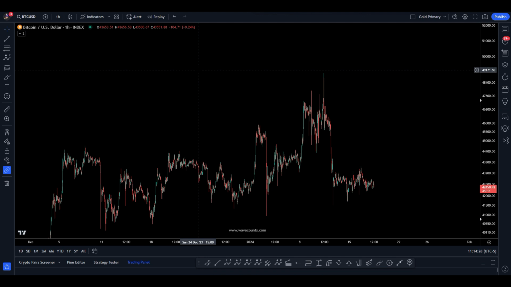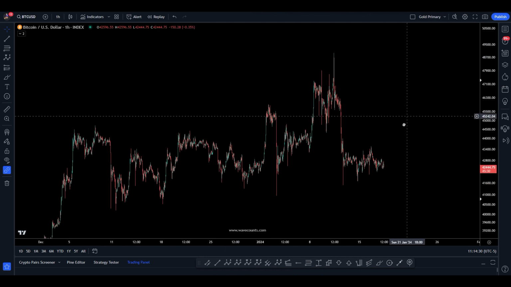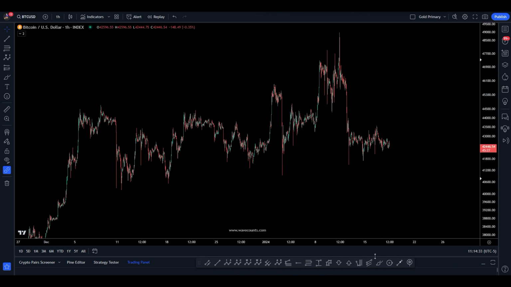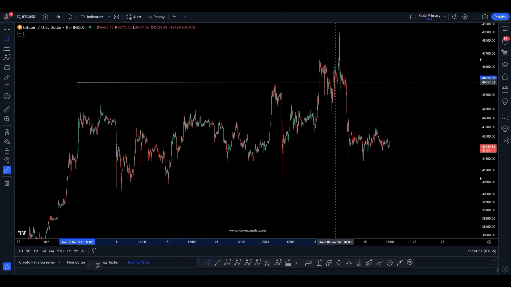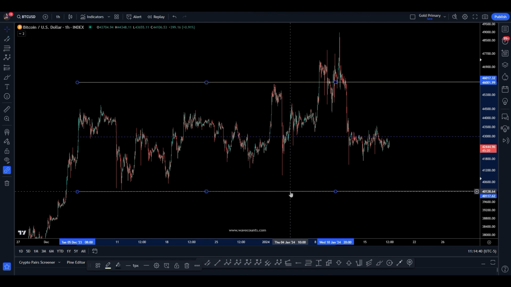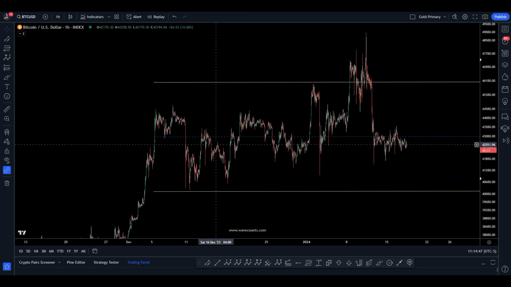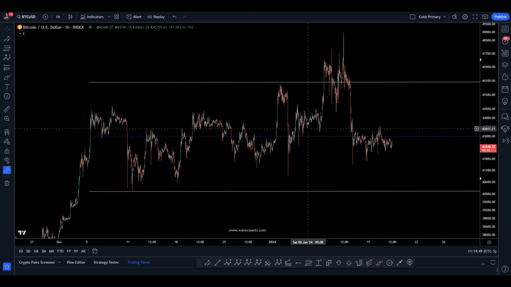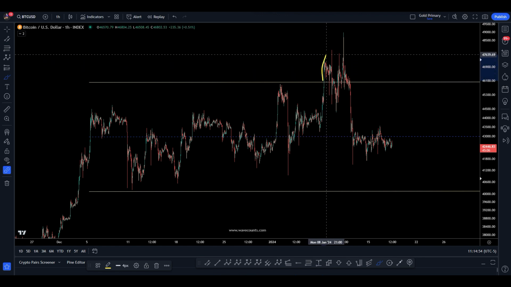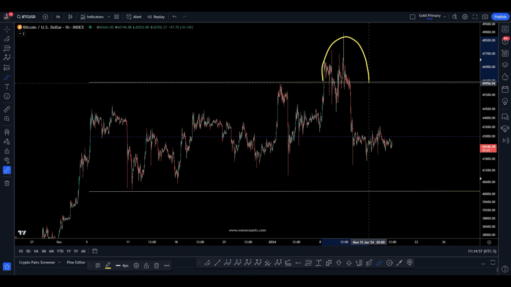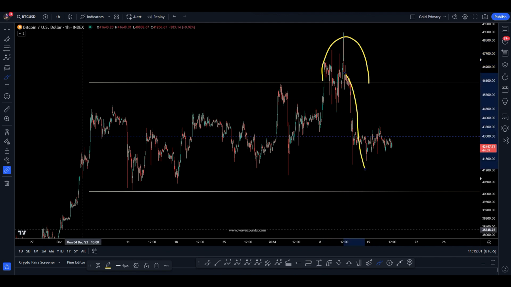Bitcoin's been in this range right here, just kind of marking it off, since the beginning of December. So a month and a half now, Bitcoin's been in this range. In that time period, the Bitcoin ETFs come out and give you a deviation over the range over like a 2-day period, and then that's it. You're right back into the range, and bouncing on the midpoint.